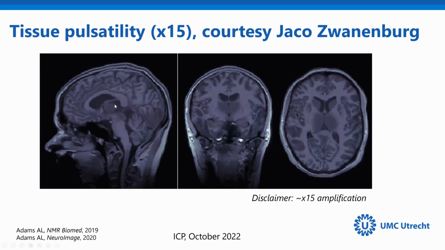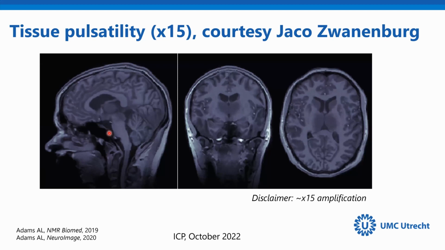And this can be one way in which the CSF signal can be pushed out of the brain, creating a kind of clearance mechanism, pushing the CSF and therefore the waste out of the brain.